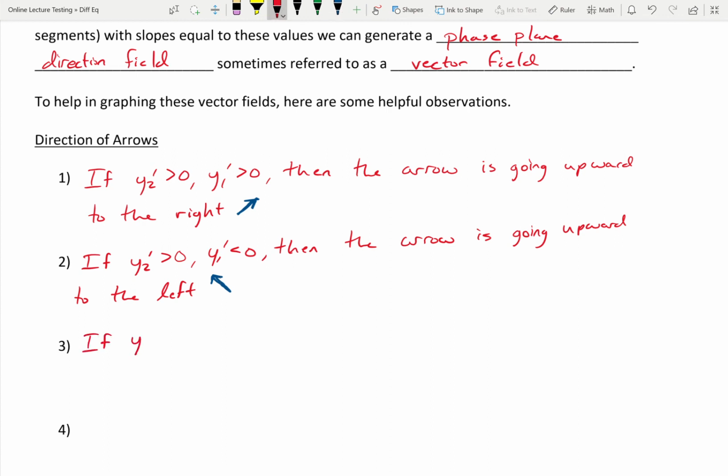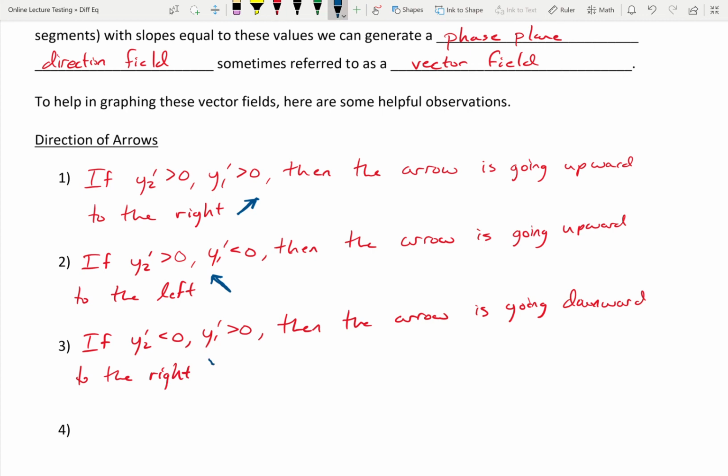If y2 prime is negative, so the numerator is negative, but the denominator is positive, then the arrow is going downward to the right. Notice that the line segment still has a negative slope, but we're going down and to the right this time.